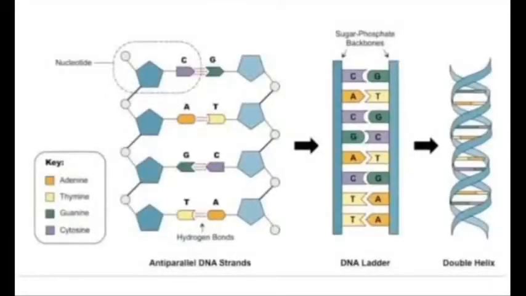The Watson and Crick model of DNA was proposed by analyzing the X-ray diffraction data obtained by Rosalind Franklin and Maurice Wilkins. According to the double helix model of DNA, the molecule is composed of two chains of nucleotides.